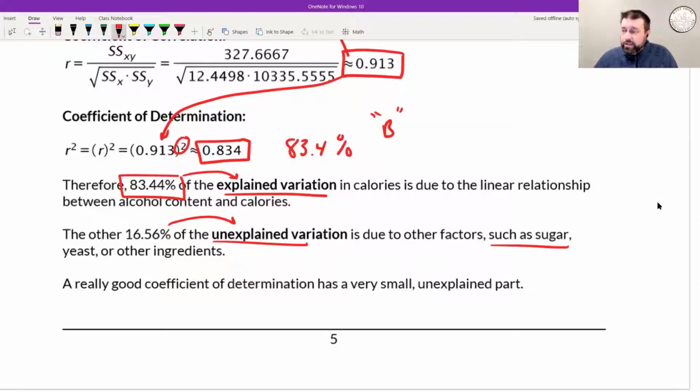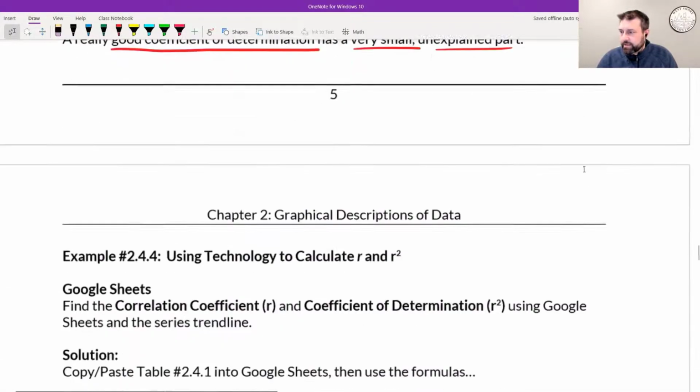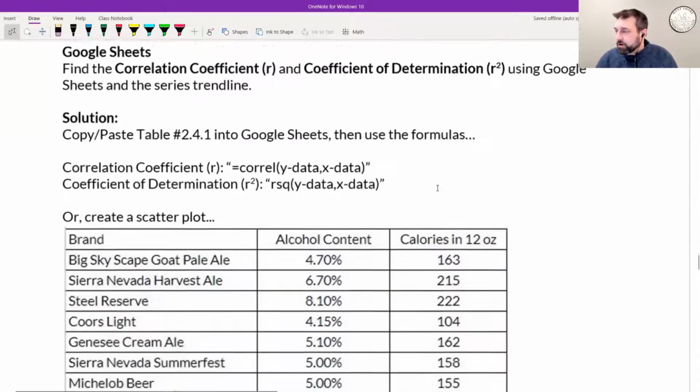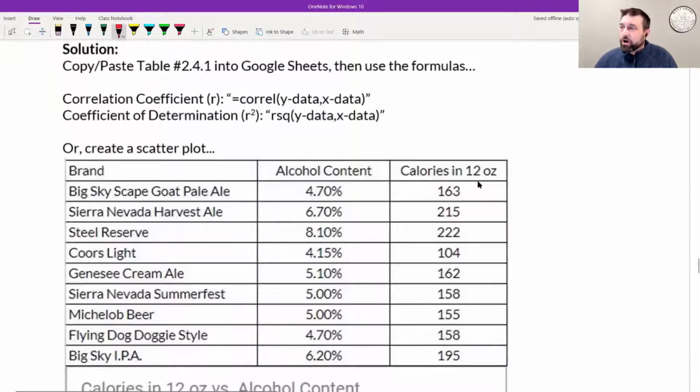When you do data analysis on this, a very good coefficient of determination has a very small unexplained part. Here's how you use technology to find R and R squared. Again, we're using our data from the beer information, but here are the two formulas.